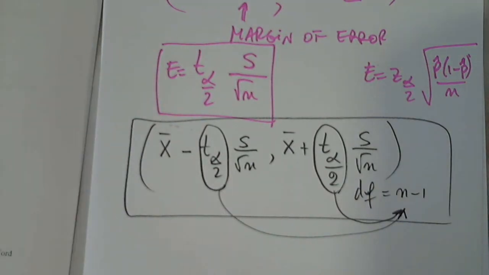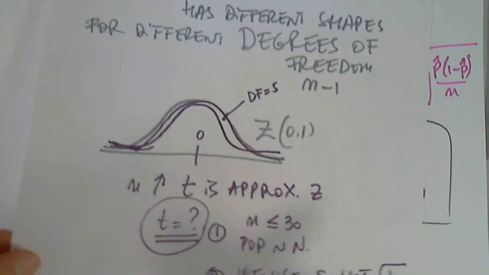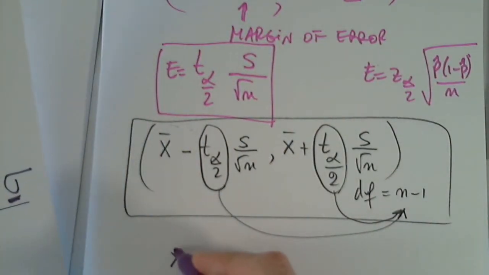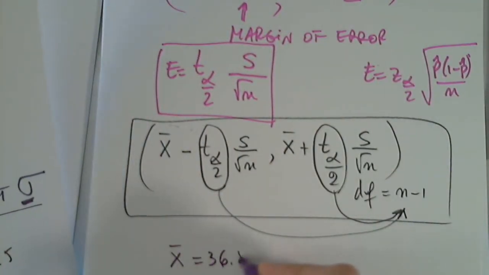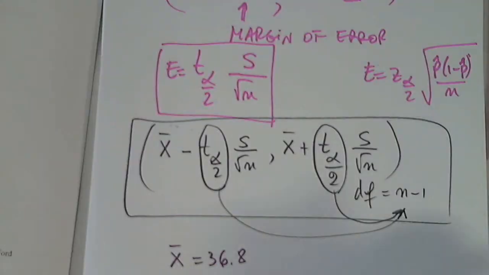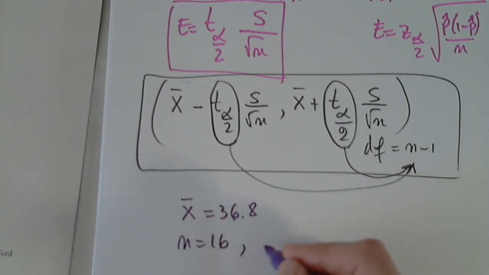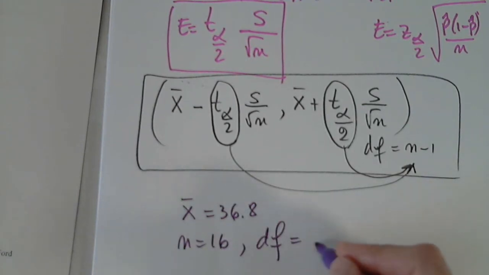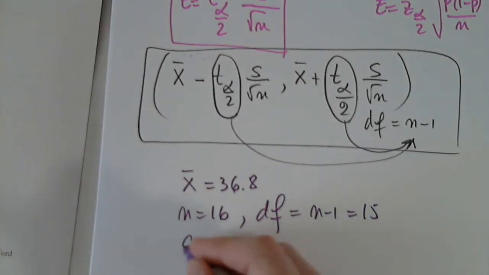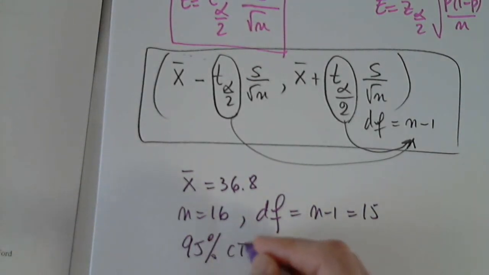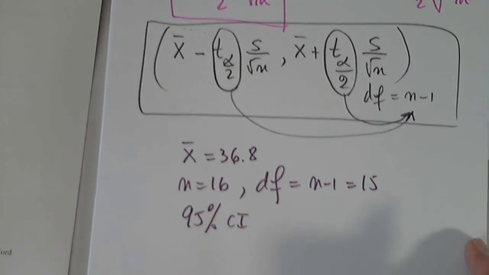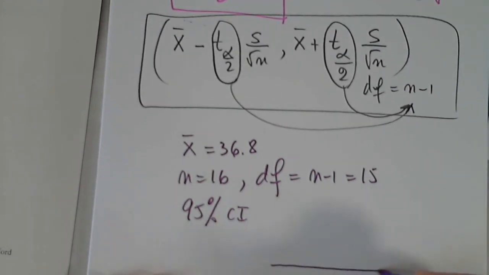So where is my information? We determined x bar to be 36.8. And we had 16, right? Yes. So n was 16, which means degrees of freedom, n minus 1, is 15. We want a 95% confidence interval, which means this. We should always graph it.